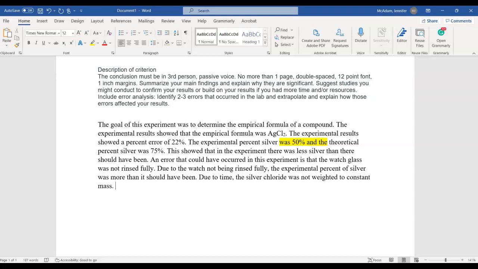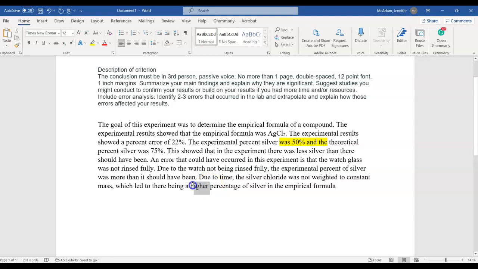Okay, because of this, or you could use so many different words here, which led to there being a higher percentage of silver in the empirical formula.